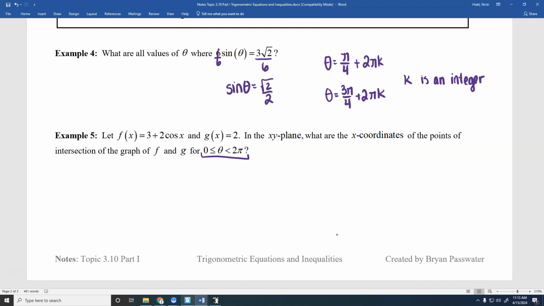It gives us 2 functions, f of x equals 3 plus 2 cosine x, and g of x equals 2. And it wants to know the points of intersection of the graph. To find where graphs intersect, what do we do algebraically? Set them equal. So we're going to do 3 plus 2 cosine x equals 2.